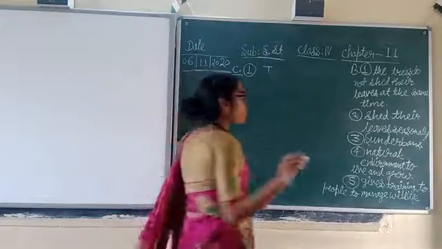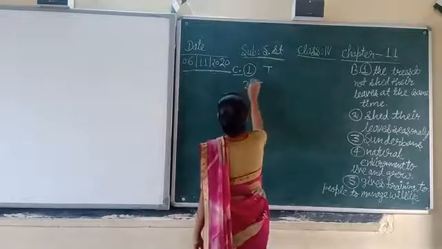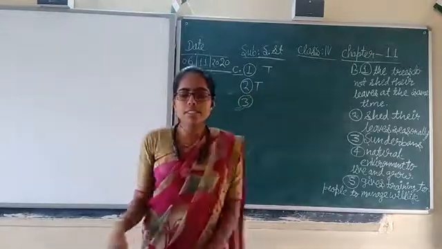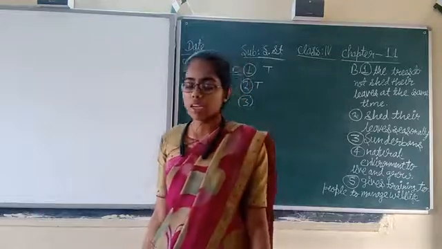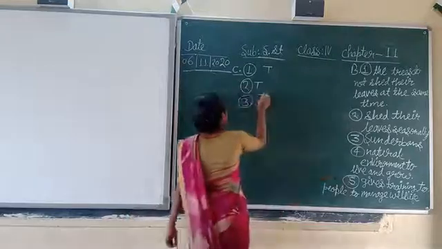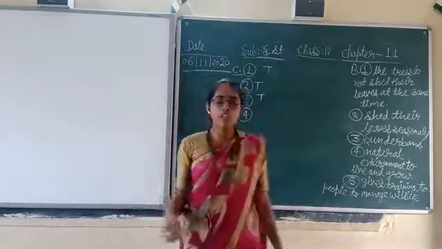This is also true, so we write T. Now the third one is cutting down trees for wood is harmful for the environment. This is also true. So what do we have to write again? T.